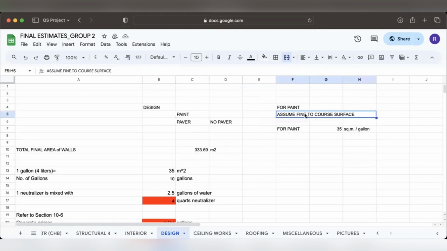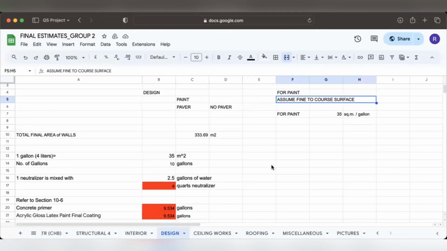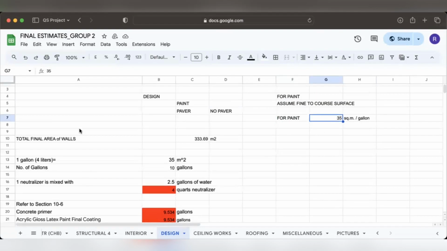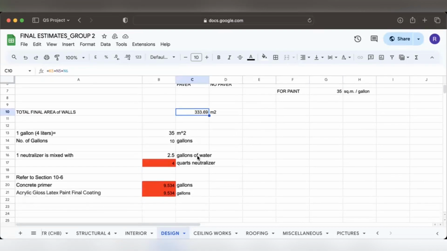For the paint, let's assume a fine to coarse surface, having 35 square meters per gallon. So the total area of the walls is 333.69 square meters.